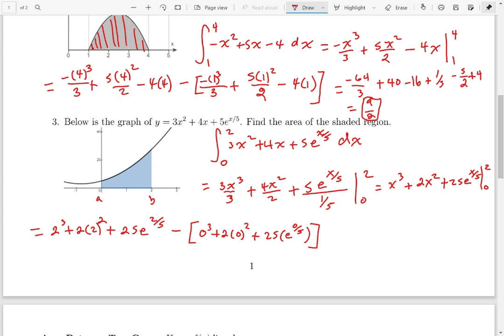And so let's notice that then we have 8 plus 8 plus 25 times e to the 2/5 minus 0, 0, and e to the 0 power is 1, and so minus 25. And so I get that this is exactly negative 9 plus 25 times e to the 2/5.